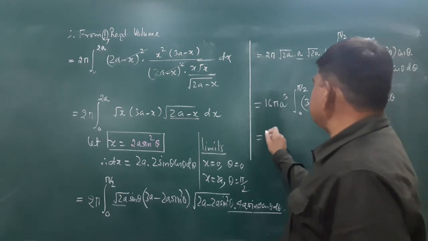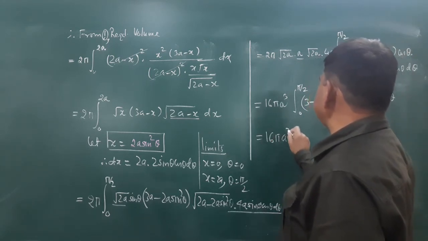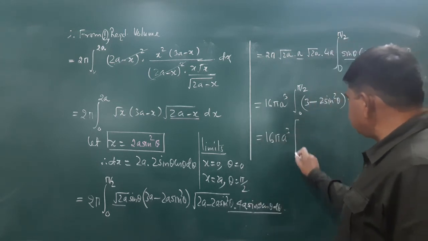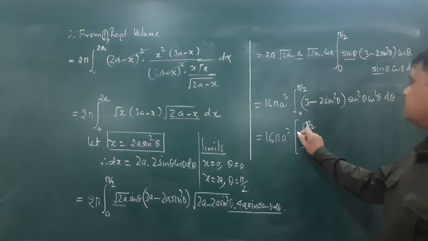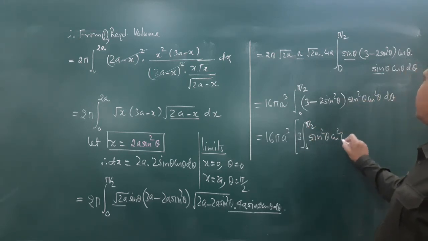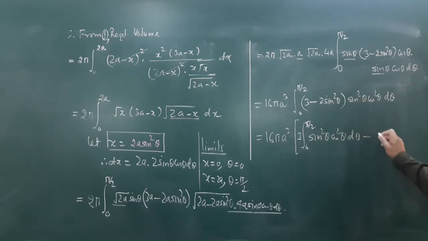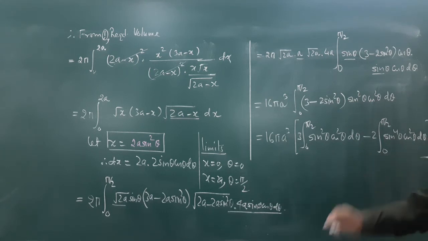This is 16 pi a cubed, 0 to pi by 2, 3 sine square theta cos square theta d theta minus 2 times integral 0 to pi by 2 sine to the power 4 theta cos square theta d theta.